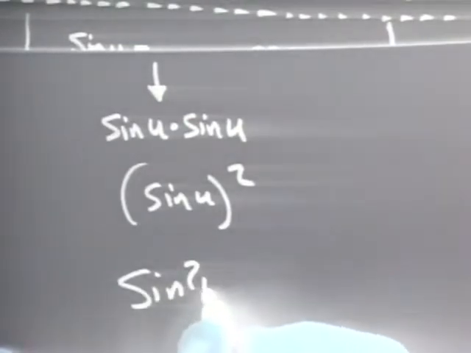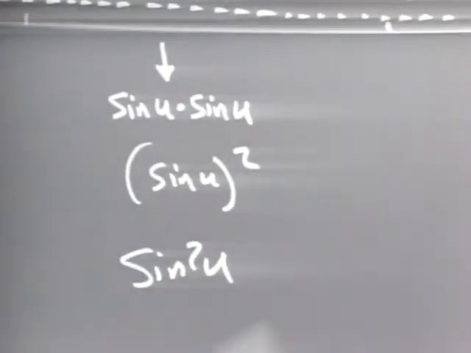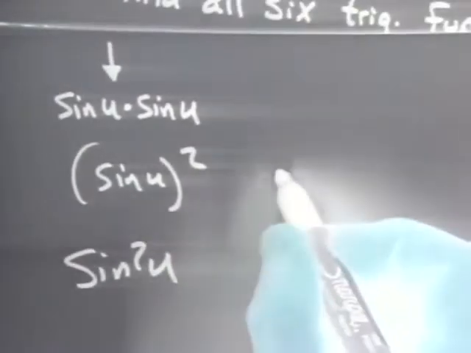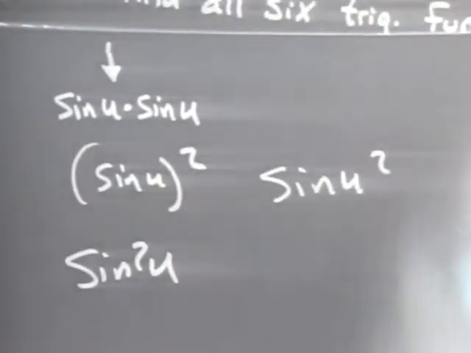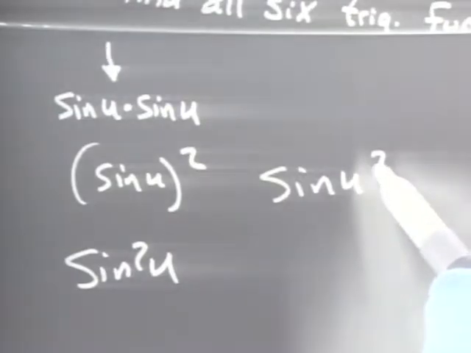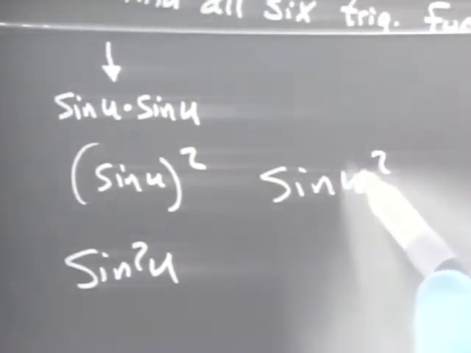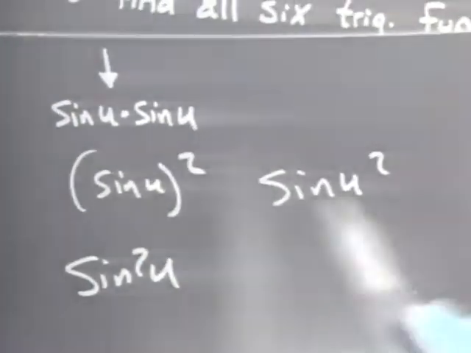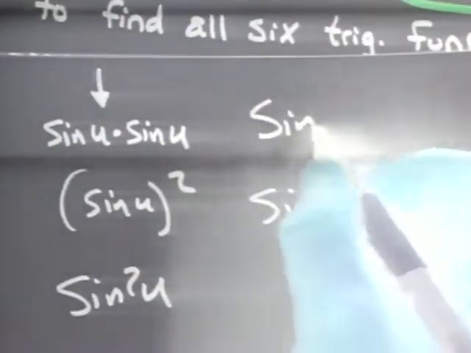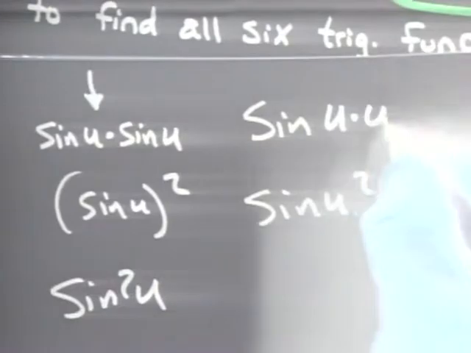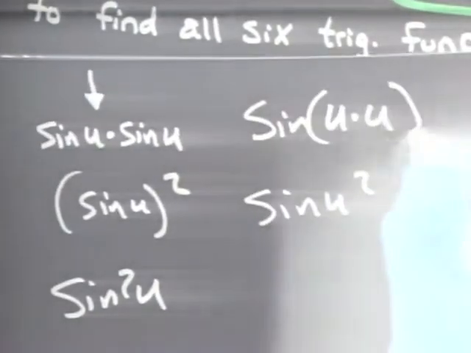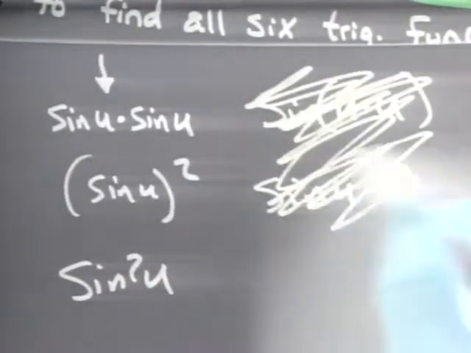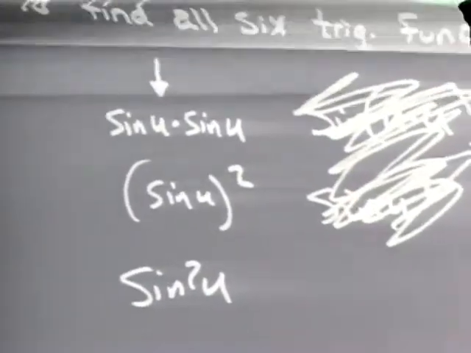But the way you'll see it written more often than not is with the square next to the sine, so we say sine squared u. This is actually a little bit different. The reason we don't put the square right outside, sine u squared, is that it makes it seem like the squaring is with the u and not with the trig function. It's the trig function that's getting multiplied twice. This would be more like sine u times u. That would be sine u squared.